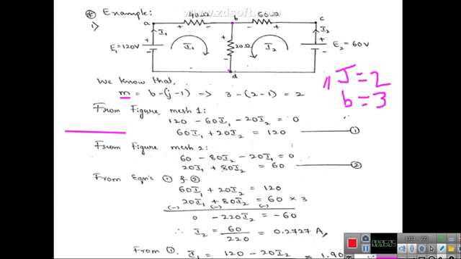The current delivered by the source is I2, so I refer to the mesh current as I2. You can mark the direction of meshes in either direction, clockwise or anti-clockwise. But if the mesh has a source, it is convenient to take the direction of the current delivered by the source.